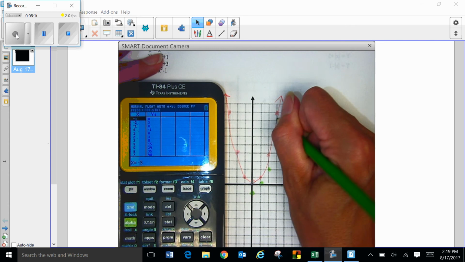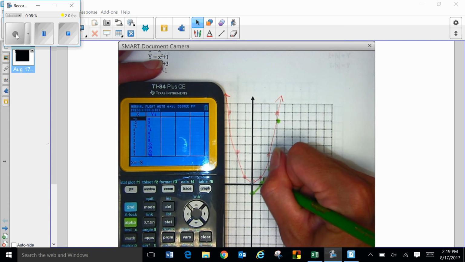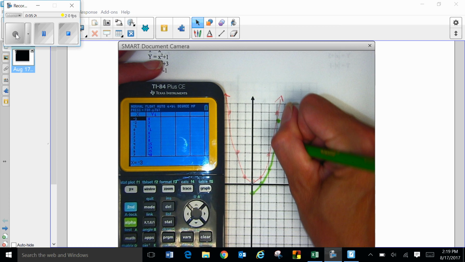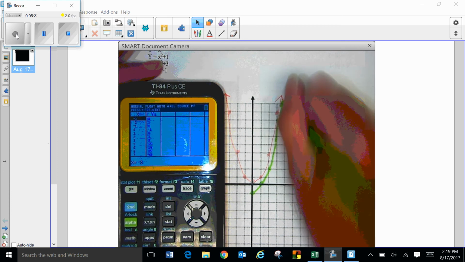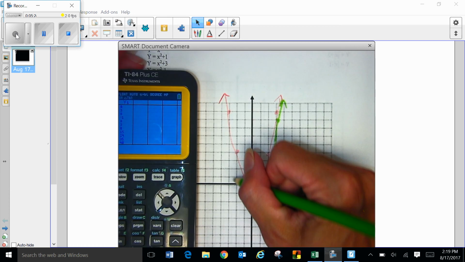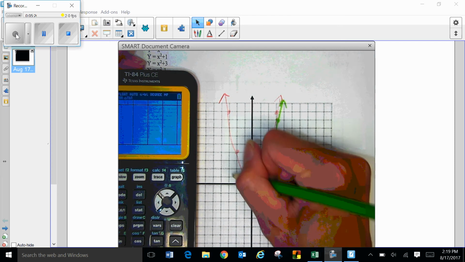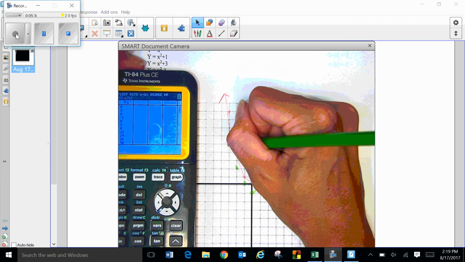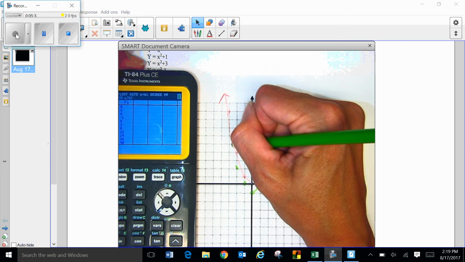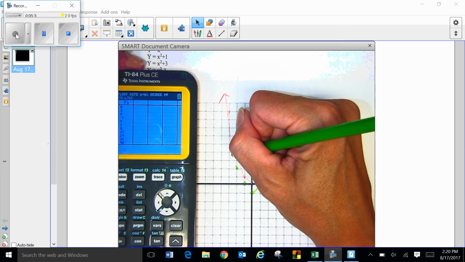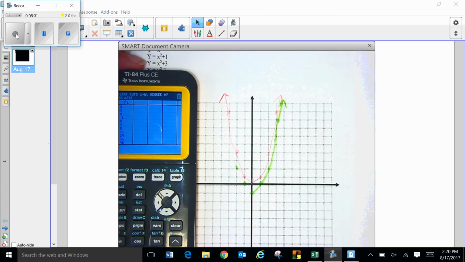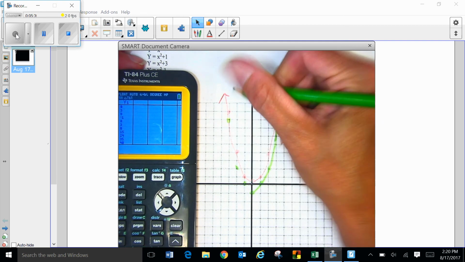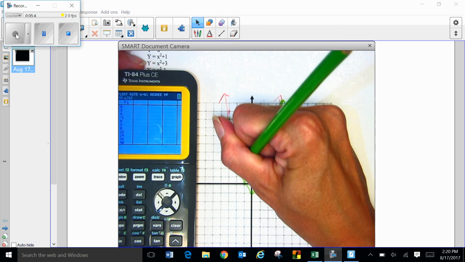All right. I'd also make sure I get the back side of the graph, the negative side. Okay, here we go. And draw that in there as well. So you can see that I have two graphs at very slightly different positions.